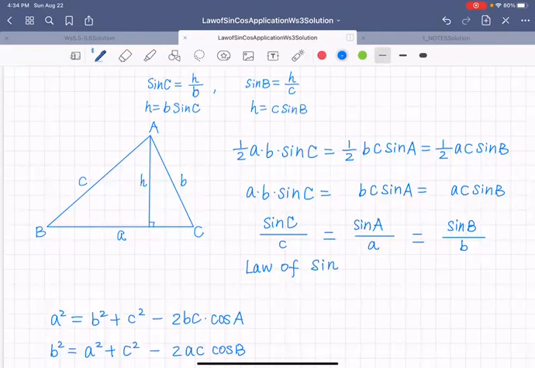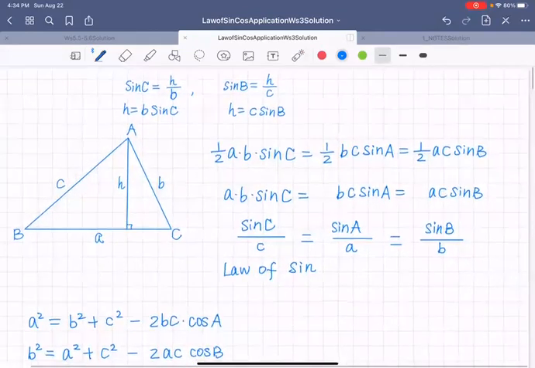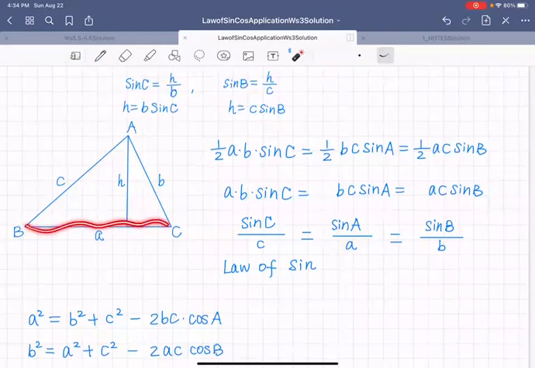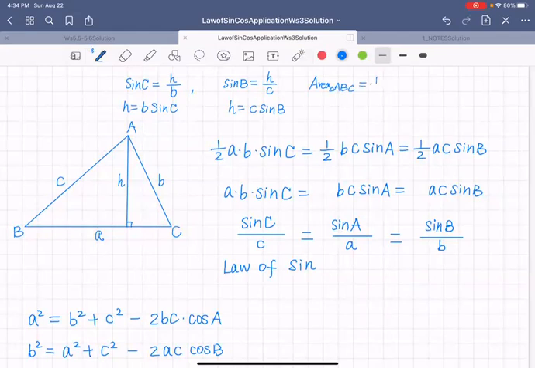That makes sense. For the triangle area, you have the base and you have the height. How much is the area for this triangle? 1/2 times A times H, correct?